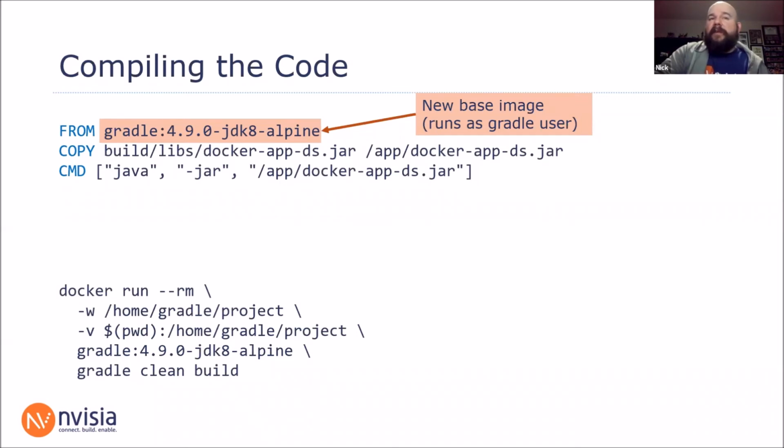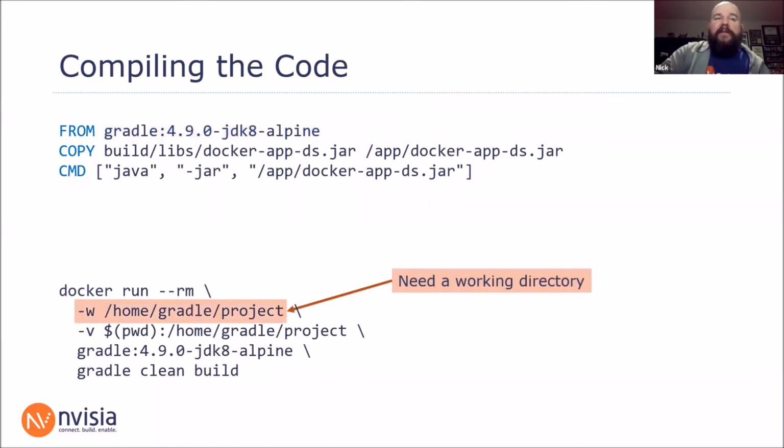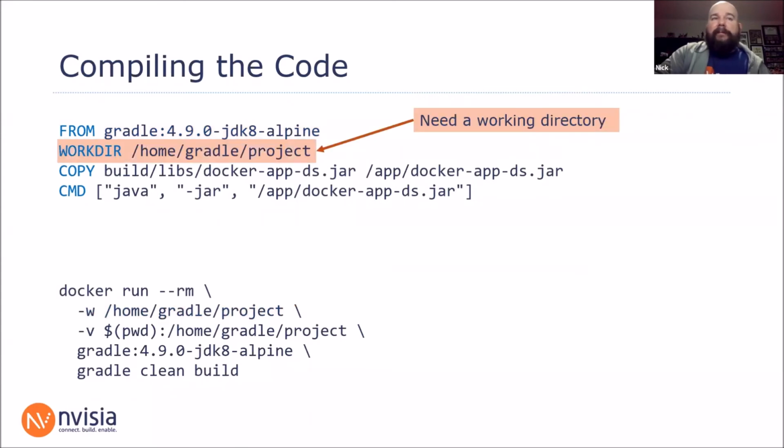That's because this image already runs as Gradle, so it's not running as root. Next thing is we have to add a working directory. So we're going to add that up there. This is basically going to be where all of our commands run from after this point. It's like we cd to this directory and everything below this is going to run out of that directory. This is helpful when we need to know what directory we're in.